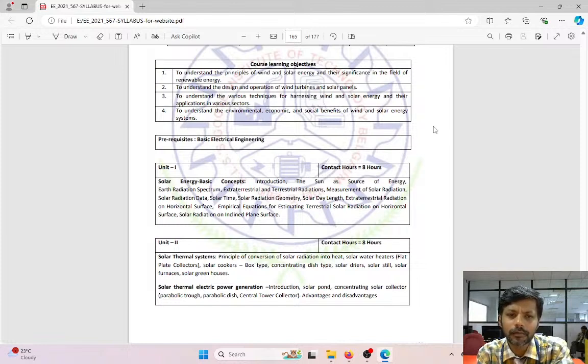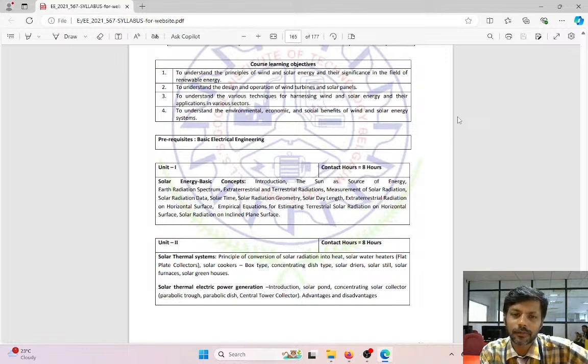The third objective is to understand the various techniques of harnessing wind and solar energy and their application in various sectors. There are many ways to extract energy from solar, and many ways to extract electric energy from wind also. There are many conversion techniques, so we are going to discuss all those techniques and also the applications.